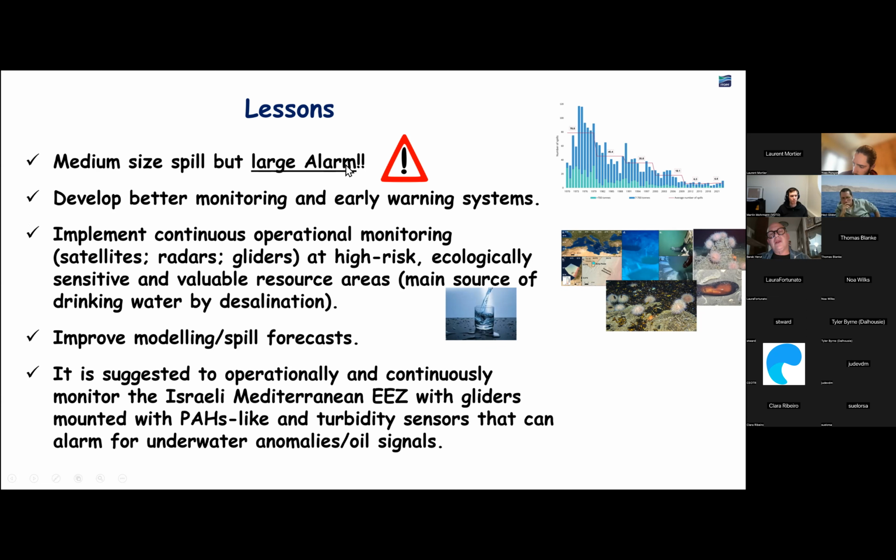So it was suggested to develop better early warning systems and operative monitoring systems, especially in areas of high risk and ecological sensitivity and valuable resources for drinking water, for example, like the Israeli EEZ.